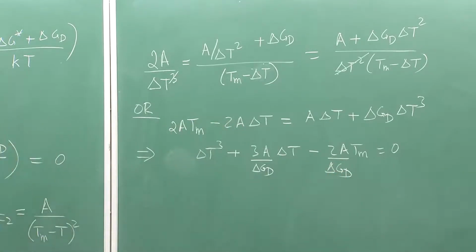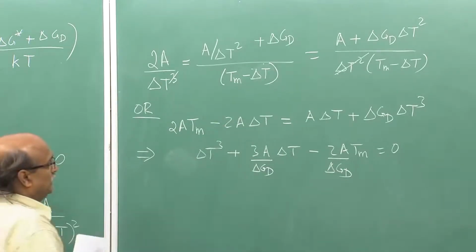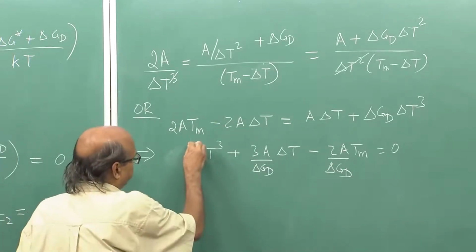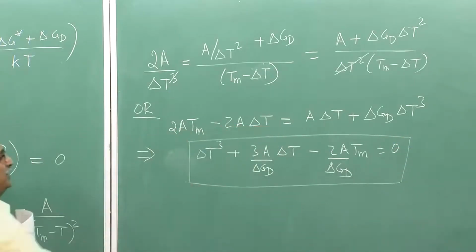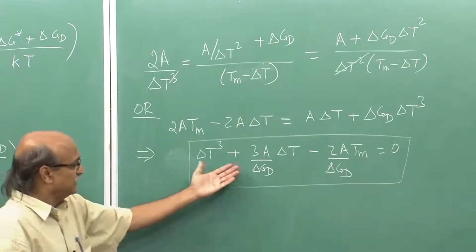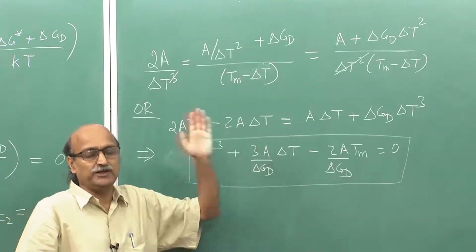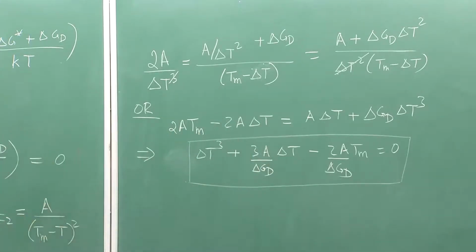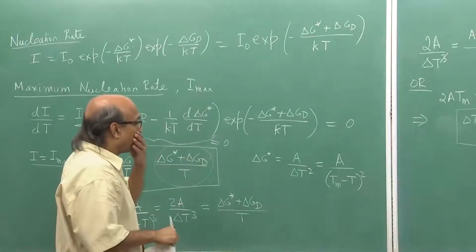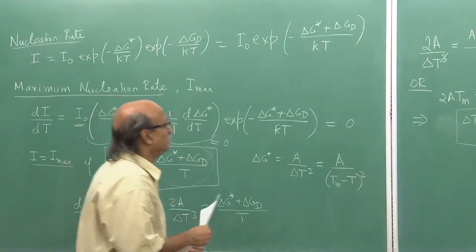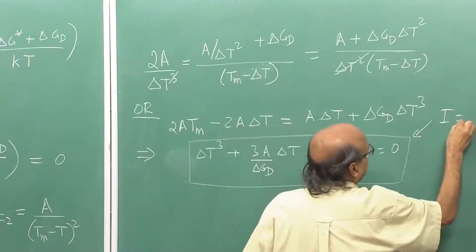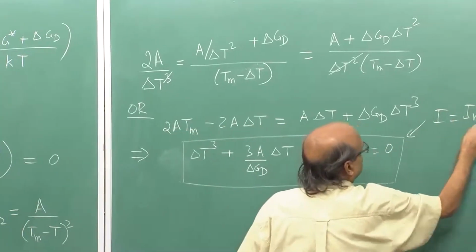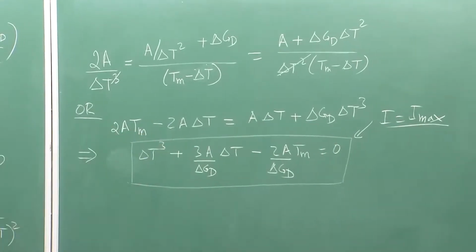So, I will get an equation of this kind, and if I solve for delta T here, this will give me the undercooling required for obtaining the maximum nucleation rate. So, this is a condition for I equal to I max.